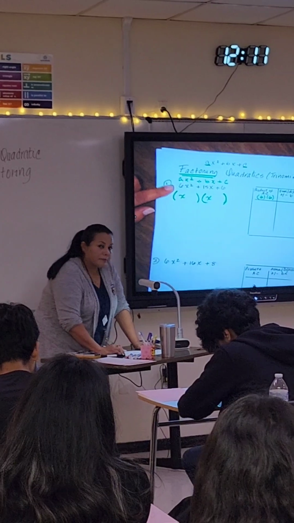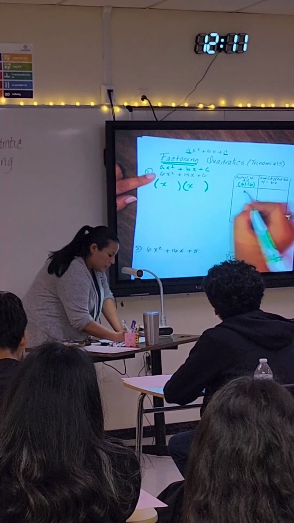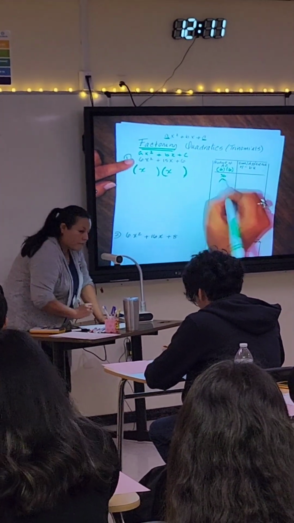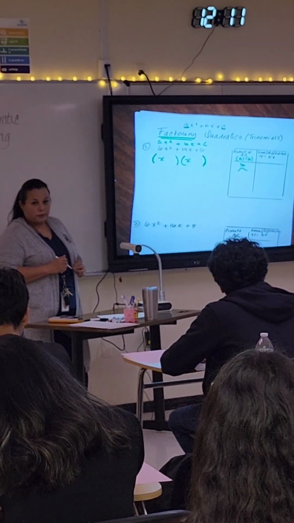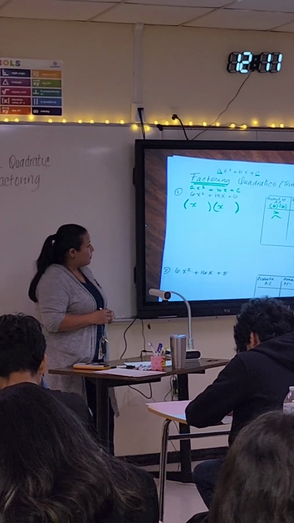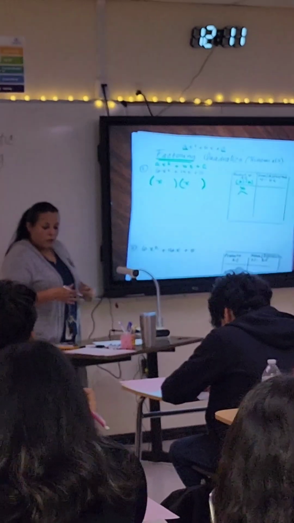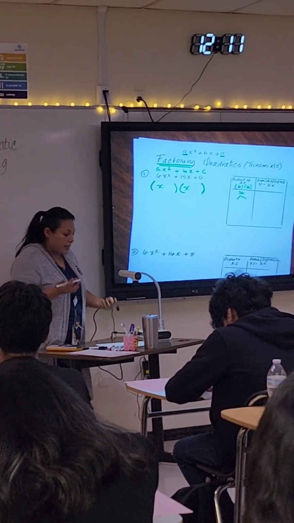How much is 6 times 6? 36. So now I am looking at factors of 36, just like we practiced on the starter. Okay? I'm looking for factors of 36. We already know we have a positive or negative.